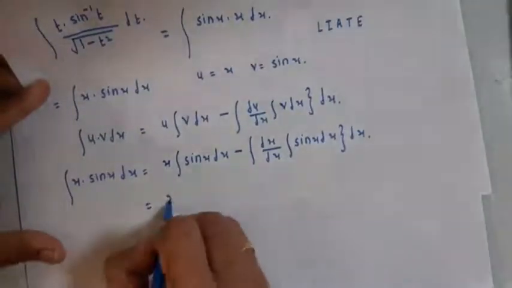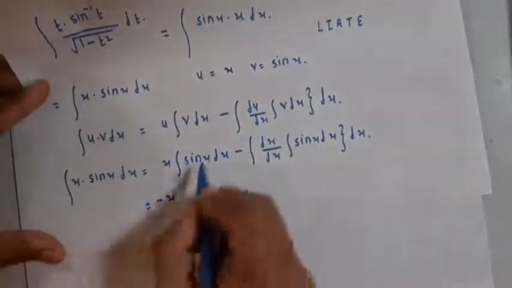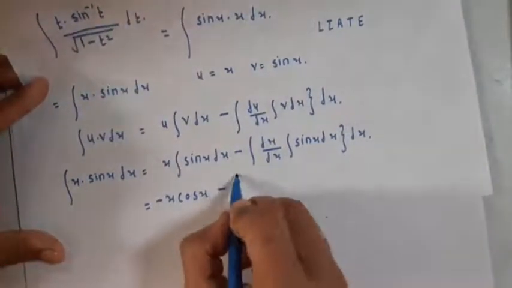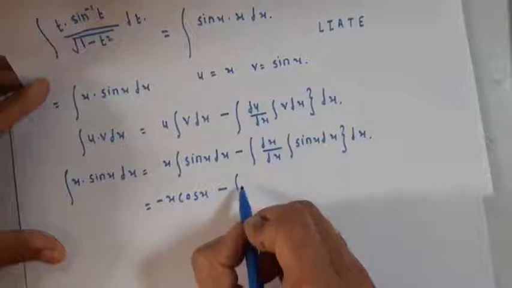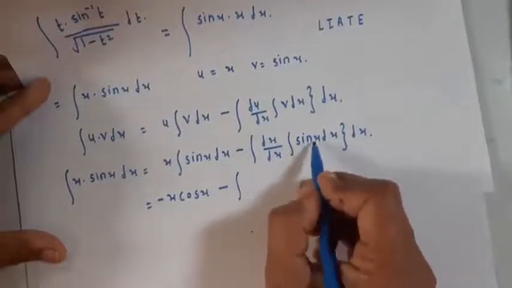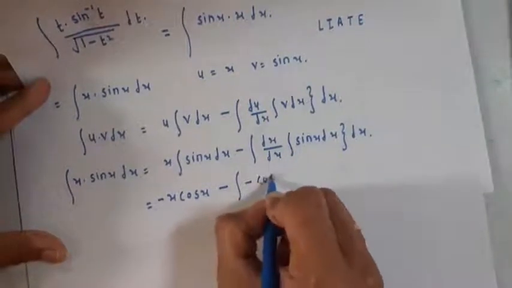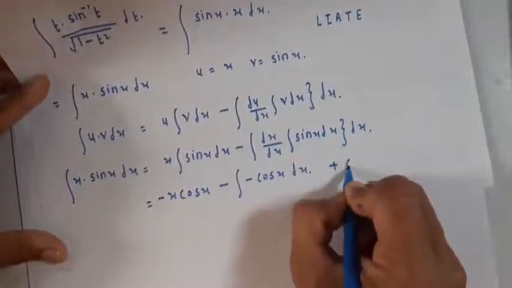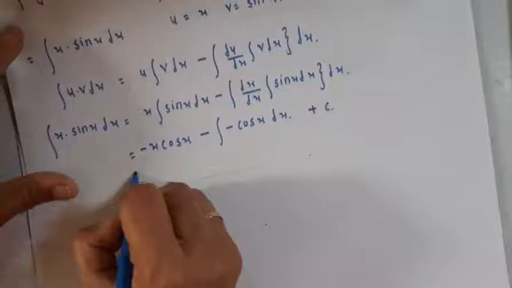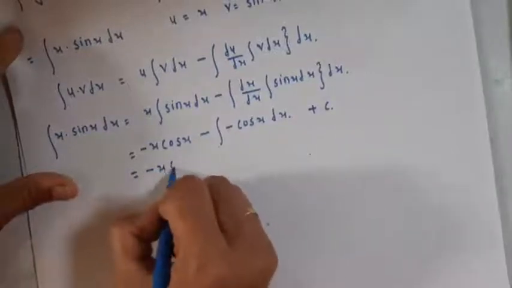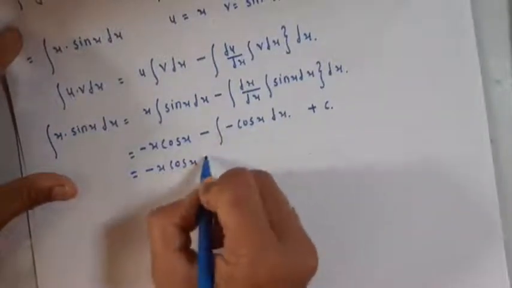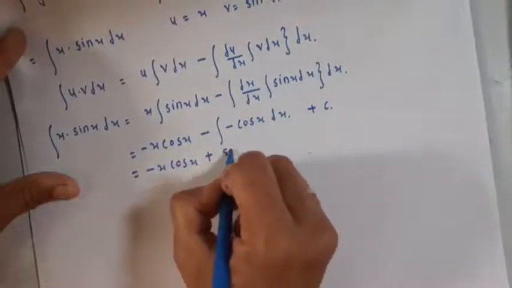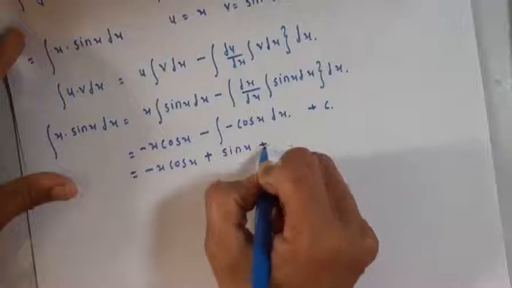And this is x into integration of sine x, you know that is minus cos x, minus differentiation of x with respect to x is 1, and integration of sine x is minus cos x with respect to x, plus constant of integration c. This is equal to minus x cos x plus, since integration of cos x is sin x, sin x plus constant of integration c.